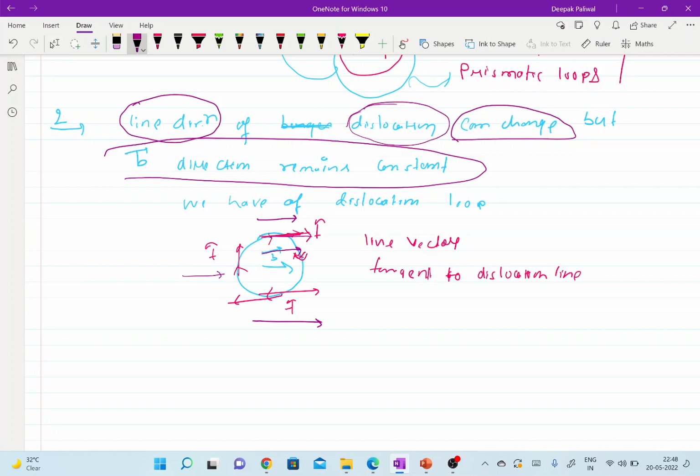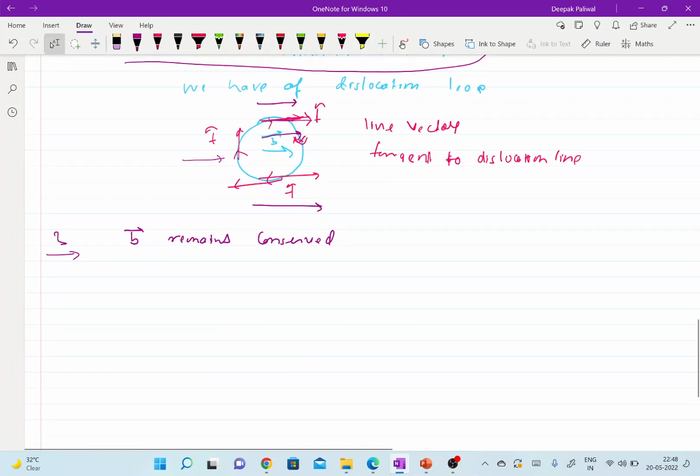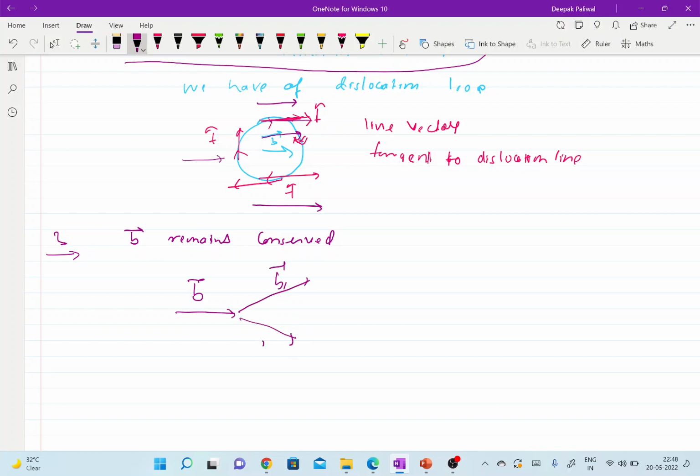Again, the third rule is the Burgers vector remains conserved. What does it mean? Suppose a Burgers vector b dissociates into two parcels, b1 and b2. If I add b1 and b2, again I will get the Burgers vector b.